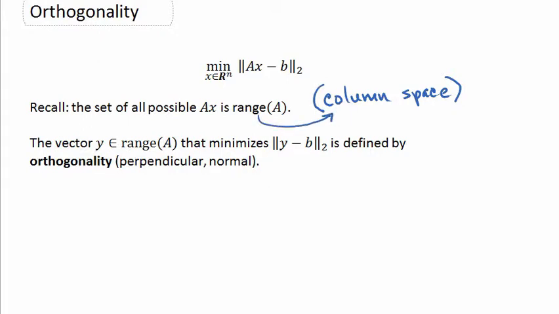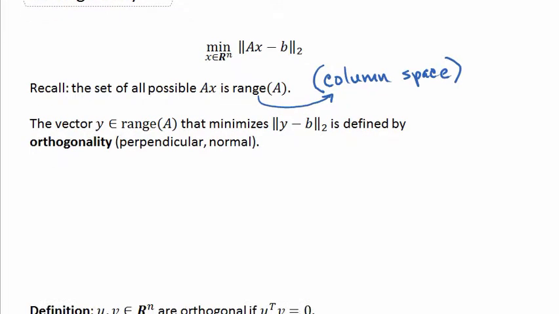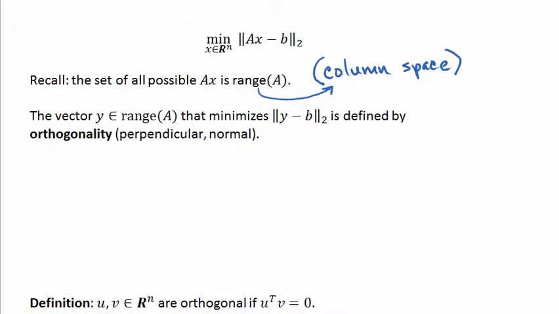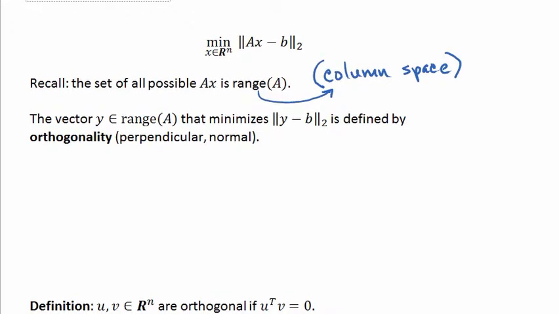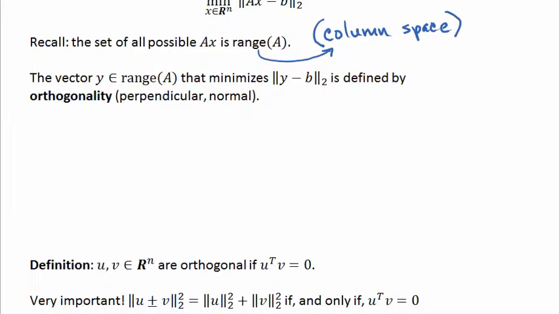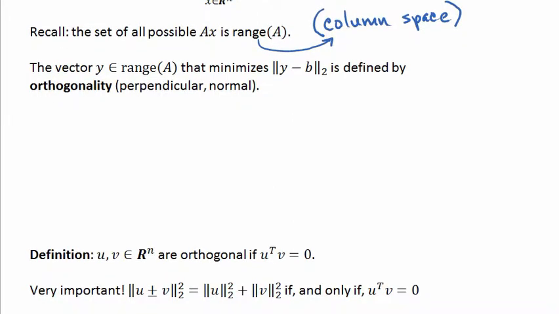So that's a subspace of R^m in this case, the output space of A. So what we're saying with the linear least squares problem is that we're finding the vector y in the range of A, where y is equal to A times x, that minimizes the difference between y and b in the 2 norm. And another way of seeing what that does is easy from a little cartoon.